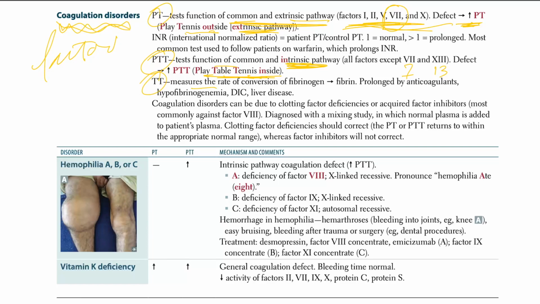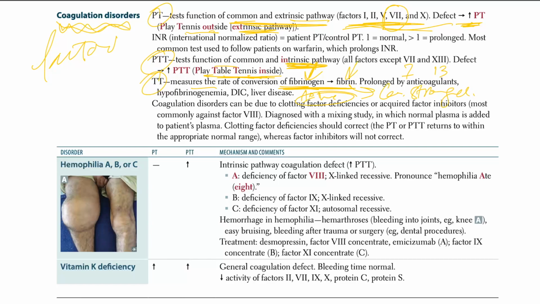So let's look at the TT. This measures the rate of conversion of fibrinogen to fibrin. Fibrinogen was the primary platelet in the platelet plug formation, the primary hemostasis, which was a weak plug, but when it converted into fibrin, it formed the complete plug because it is cross-linked, so it is a stronger fibrin.